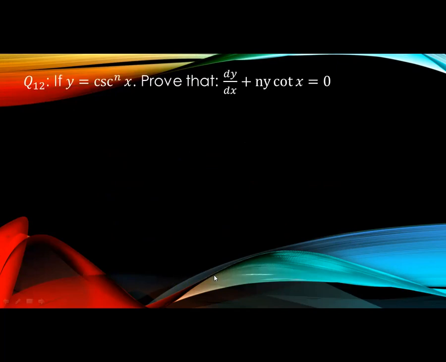Last exercise. If y equals cosec to the power n of x, prove that dy by dx plus n y cotan x equals 0. Solution. y equals (cosec x) all to the power n. It is a function raised to the power n.